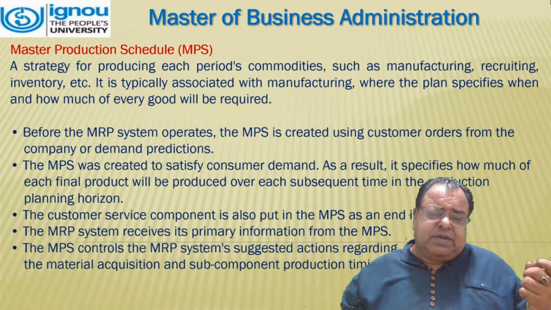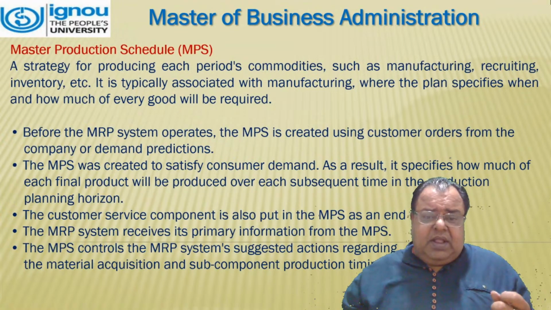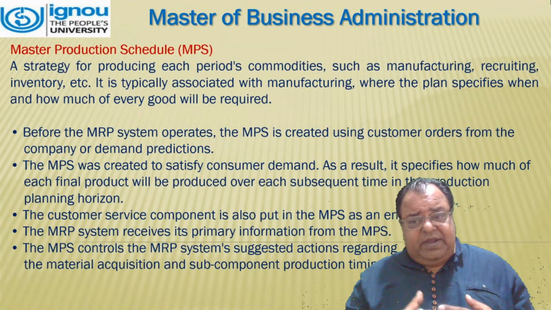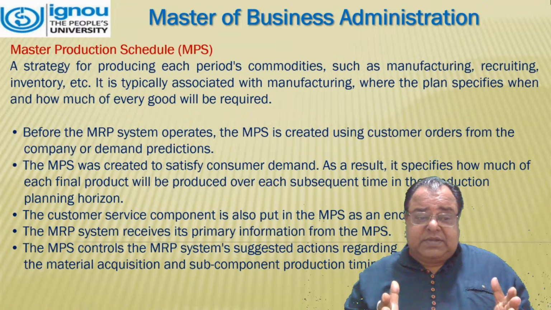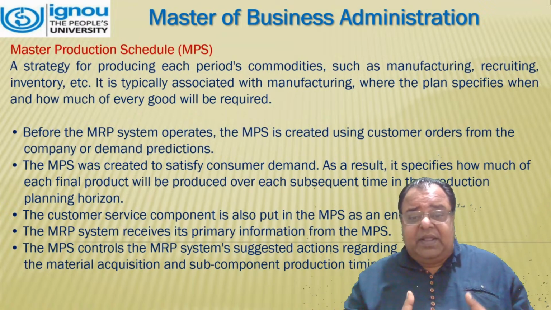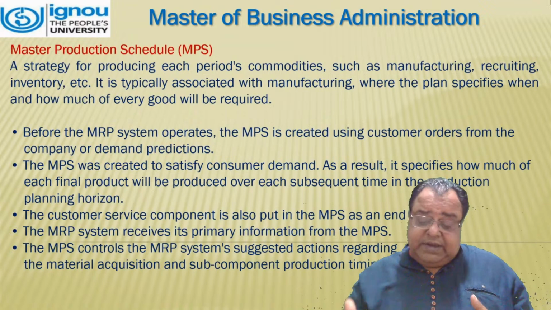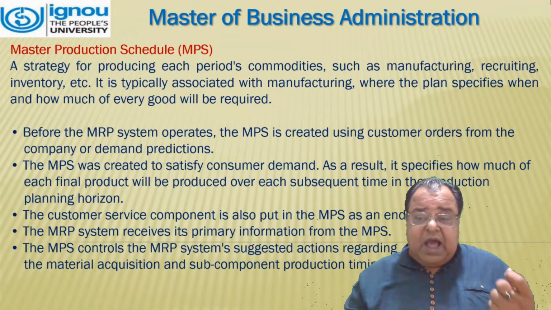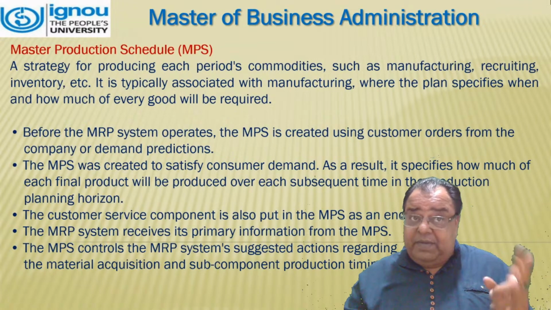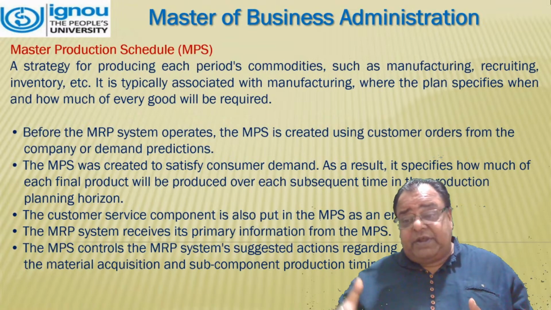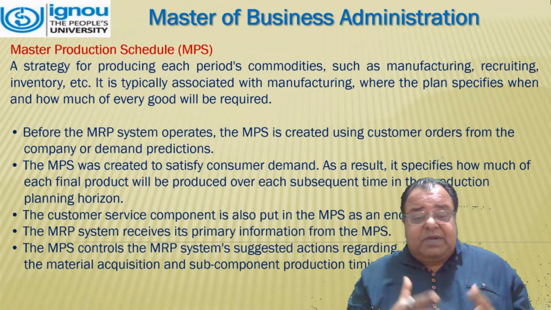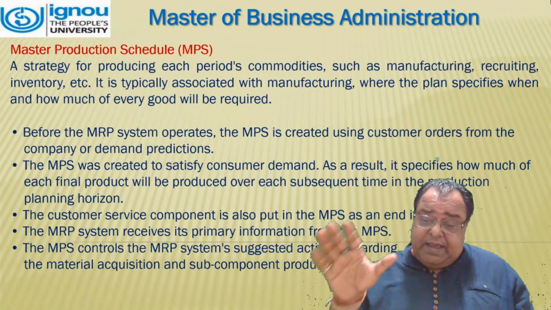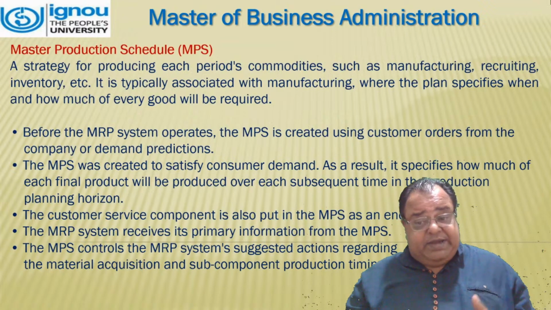Before the MRP system operates, the MPS is created using customers' orders from the company or demand predictions. The MPS was created to satisfy customers' demand. As a result, it specifies how much of each final product will be produced over each subsequent time in the production planning horizon. The customer service component is also put in the MPS as an end item.